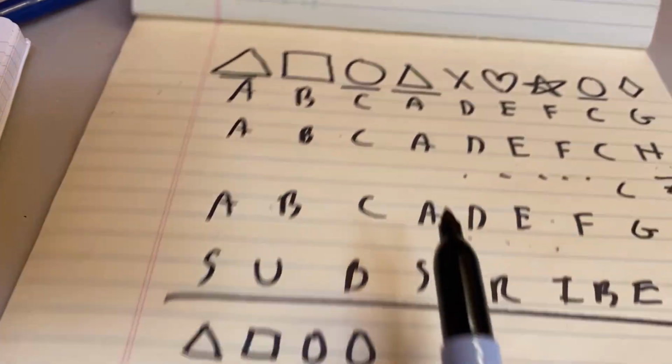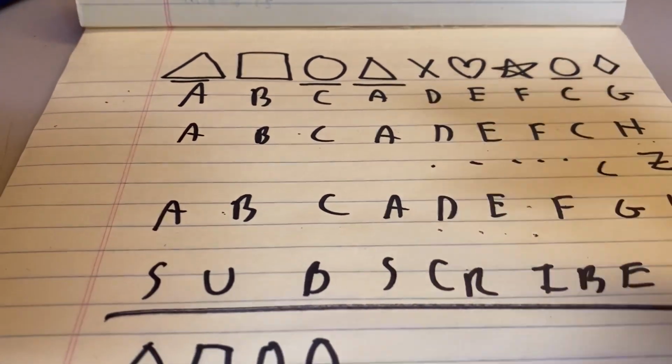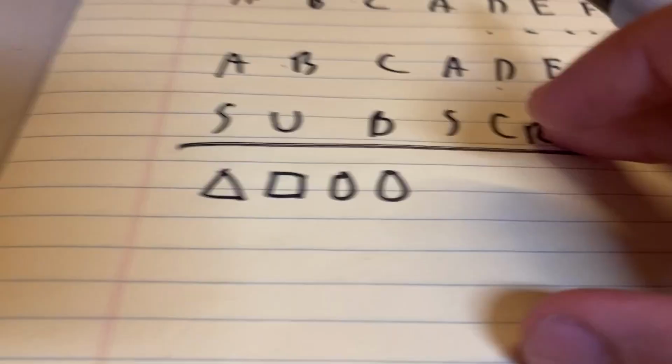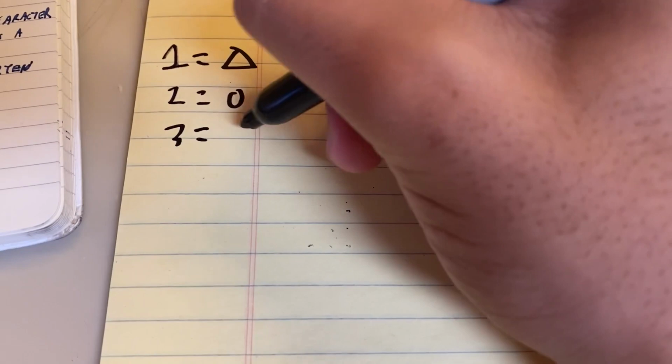First of all, we are assuming that this code is a one-to-one 26-character code, right? But what if this triangle right here was actually representing the number one? Number one is actually equal to triangle. And then they have codes for all their numbers. So number 2 could be circle, number 3 could be square, and then the letter A could actually be a diamond, right?